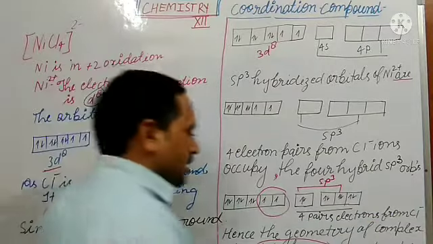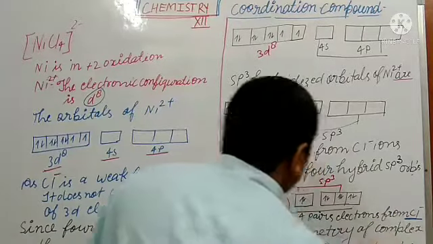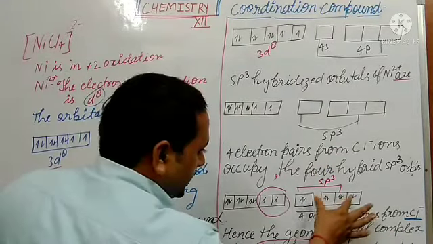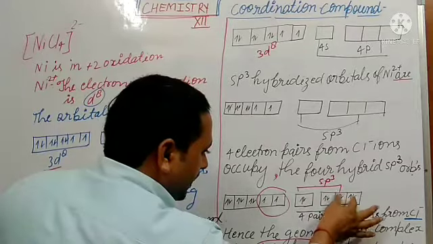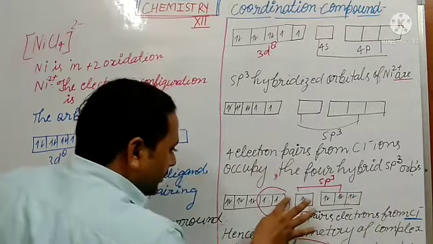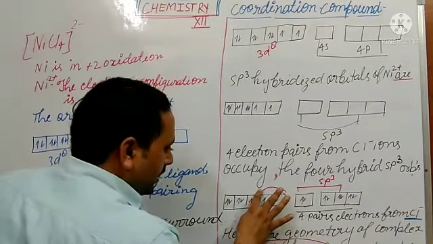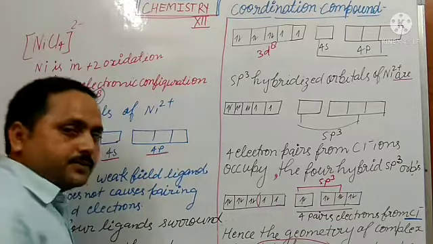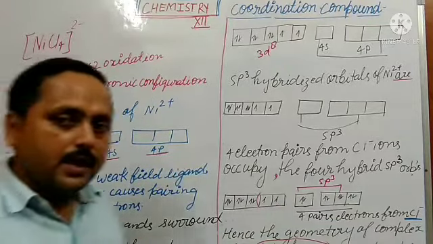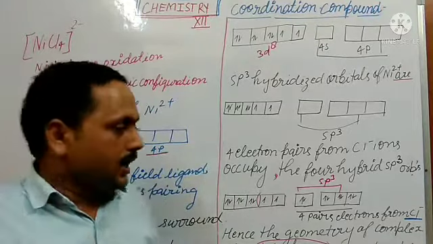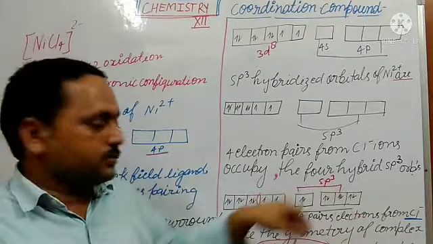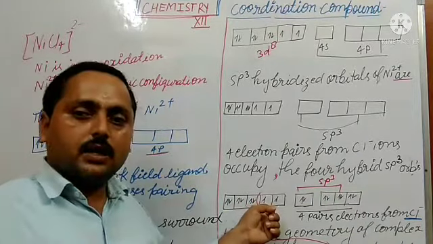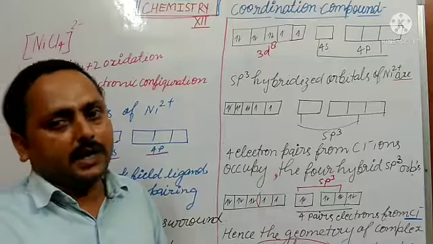Hybridization is sp3, so the geometry will be tetrahedral. Due to presence of unpaired electrons, the complex is paramagnetic in nature.